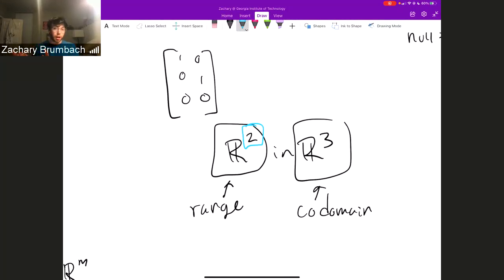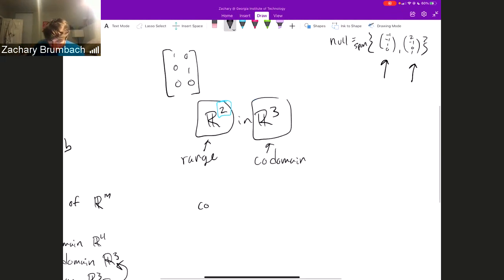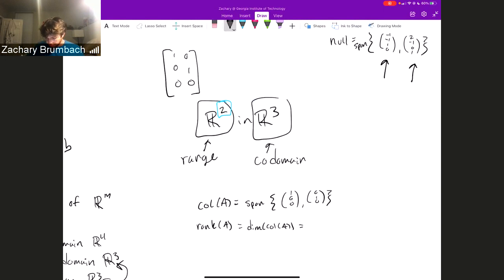That's the dimension of our column space. They're just describing the same thing but in a different context.